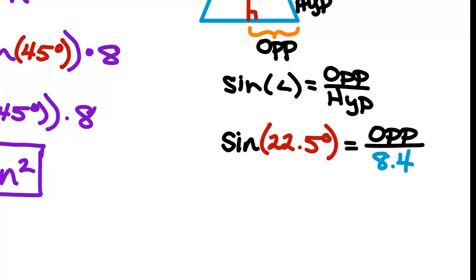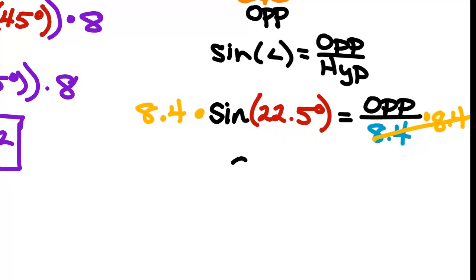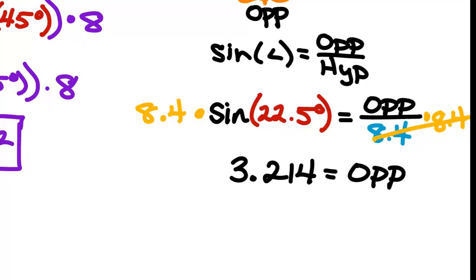I want to get the opposite side alone. Opposite is part of a fraction right now. How do I get it by itself? We're going to multiply both sides by 8.4. Cancels out there. So I have 8.4 times the sine of 22.5. And what does that give me? 3.214 for the opposite.